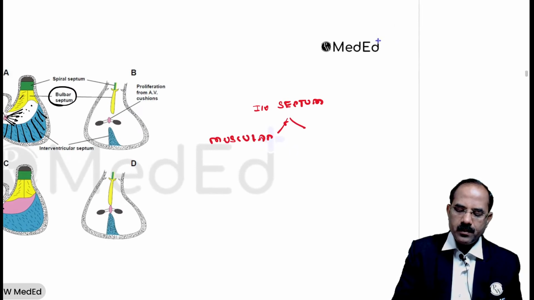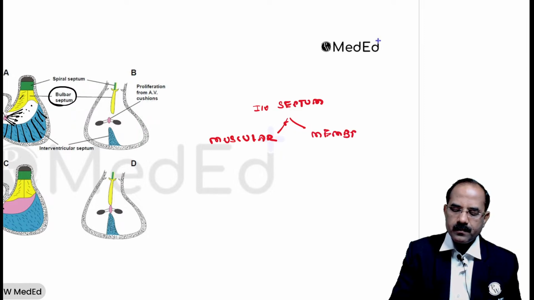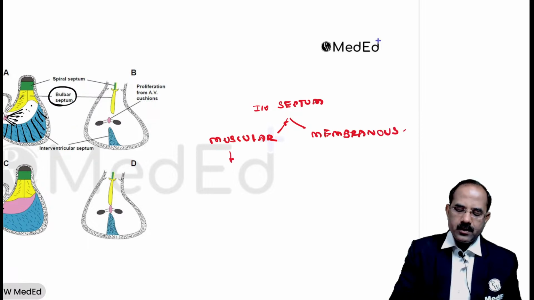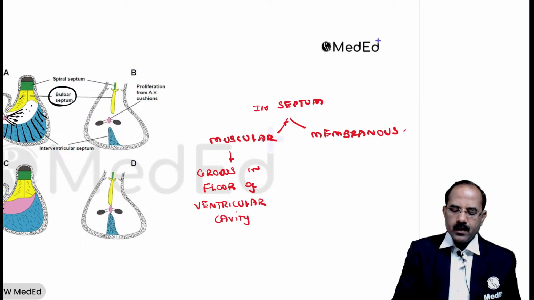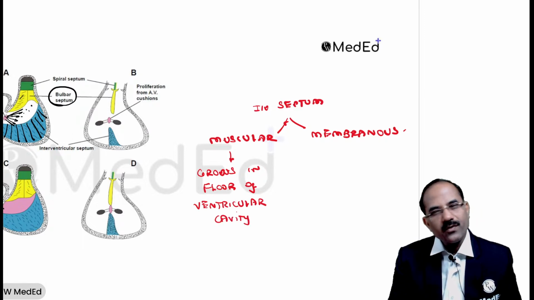One is the muscular part and the other one is the membranous part. The muscular part grows in the floor of the ventricular cavity.